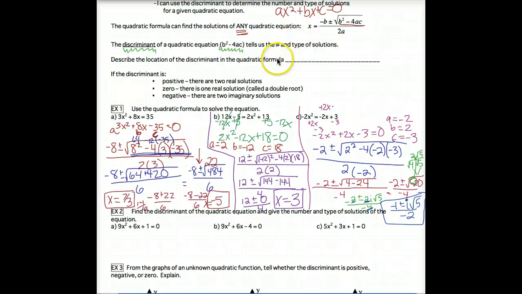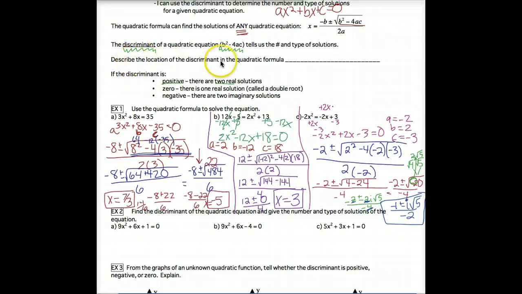So the rule is, right down here, if the discriminant is positive, there's 2 real solutions. If the discriminant is 0, so b squared minus 4ac gives you 0, there's just 1 real solution, which we call a double root. And then if the discriminant is negative, then that means there's 2 solutions that have i's in them. They're imaginary or complex solutions.